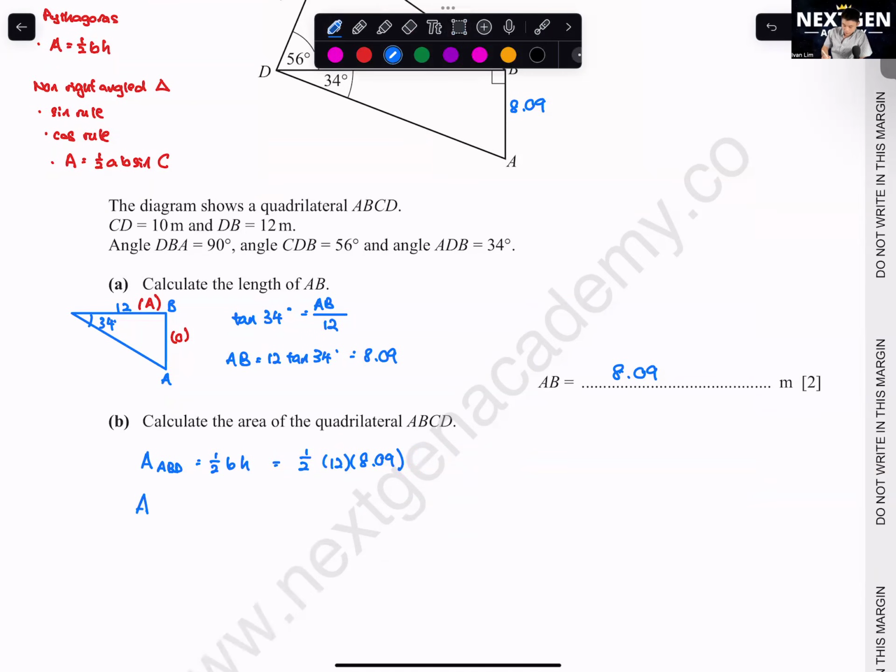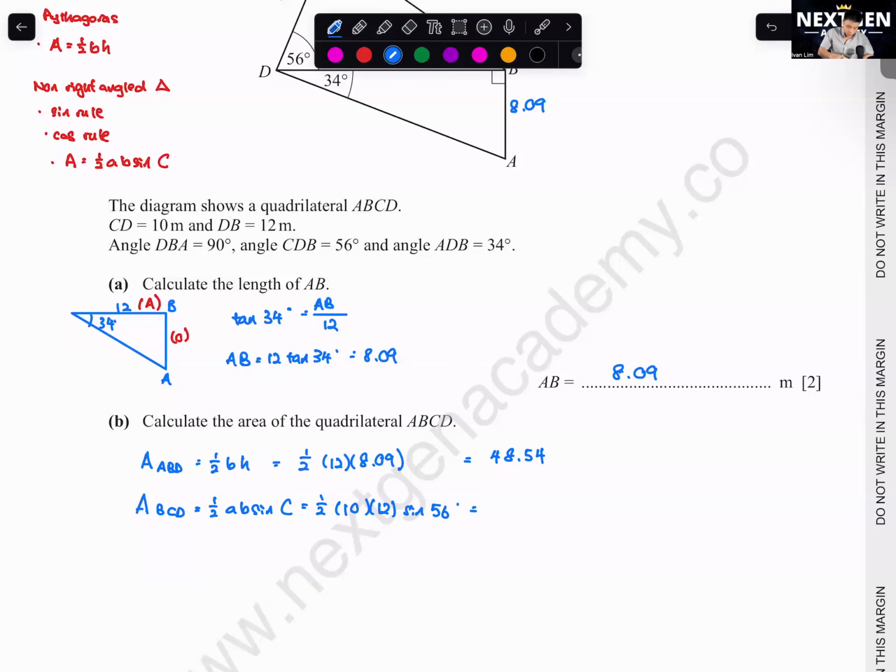Area BCD will use 1 over 2 AB sine C: 1 over 2 times 10 times 12 sine 56. If you prefer writing, this is what I normally do: I check the answer first to see if it is nice. If not that many decimal places, then write it down. Here 48.54.